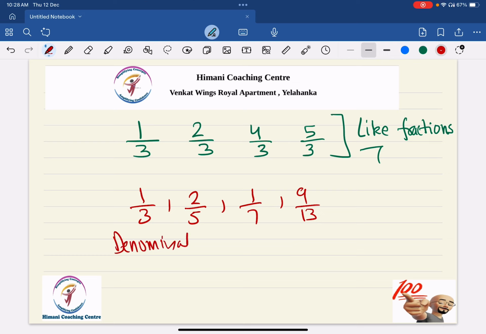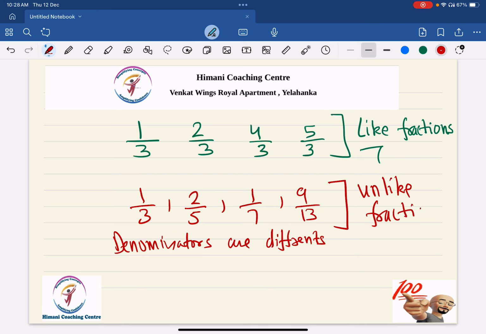Denominators are different. So if fractions are there in which denominators are different, they are called unlike fractions. Okay. For now, you have to just remember this.